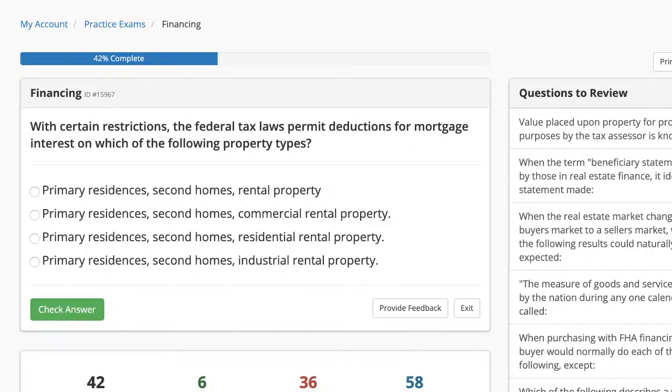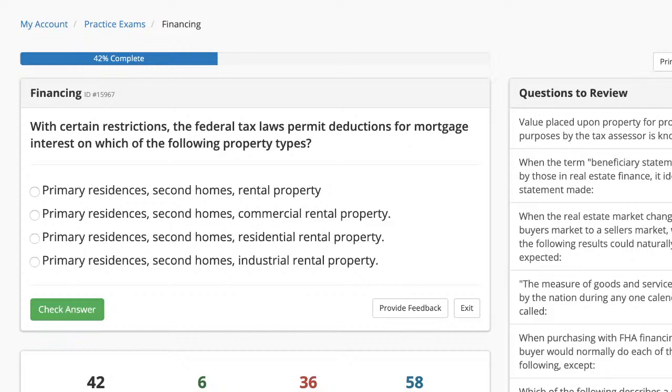Okay. With certain restrictions, the federal tax law permits deductions for mortgage interest on which of the following property types? A, primary residence, a second home, or rental property. B, primary residence, second homes, commercial rental property. C, primary residence, second home, residential rental property.